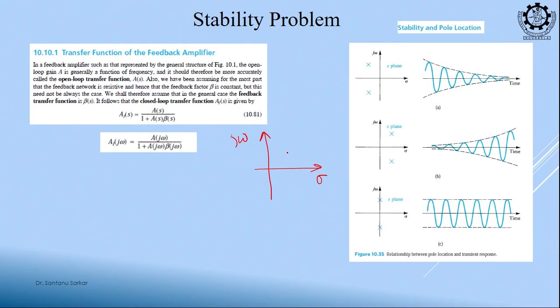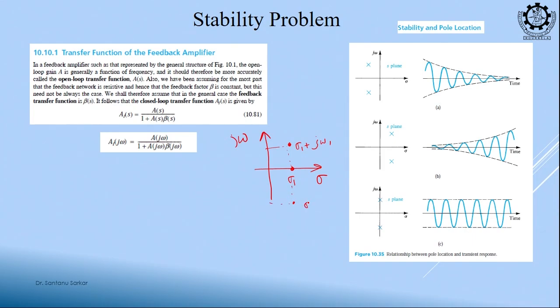Now, suppose I have a point here. What is the value of this? Say sigma 1 plus j omega 1, clear. Say I am also having a point here.